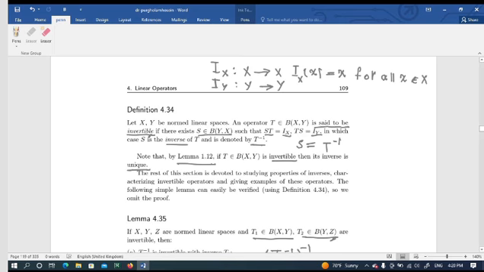You see, Iy is a linear transformation from Y to Y, and this is the identity function. In this case, we say that T is invertible, and S is called the inverse of T and denoted by T minus 1.